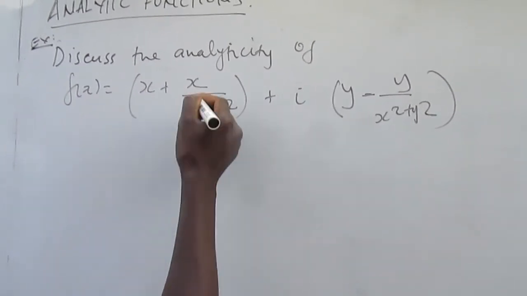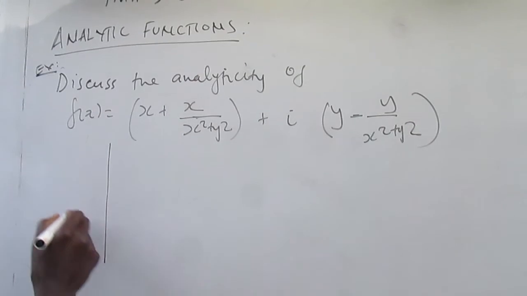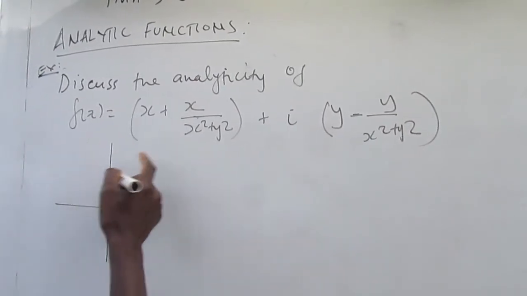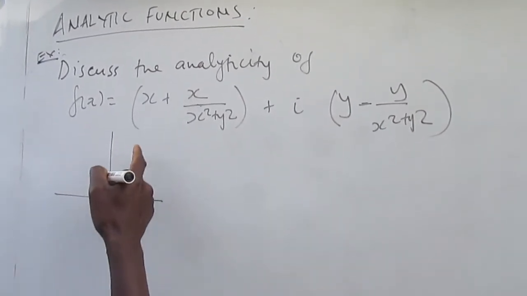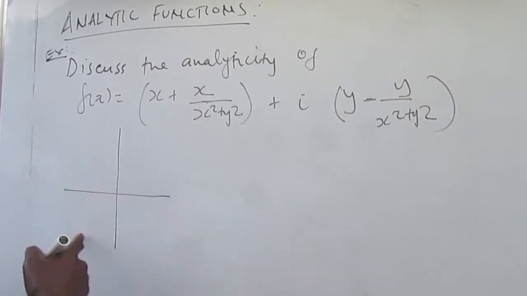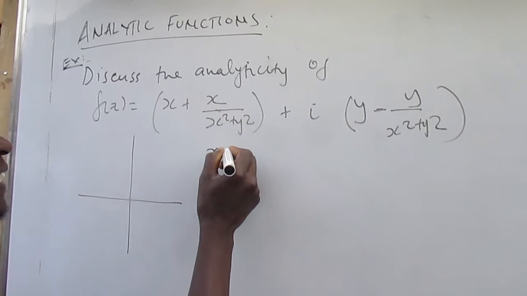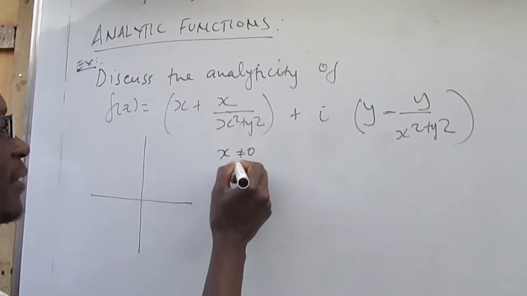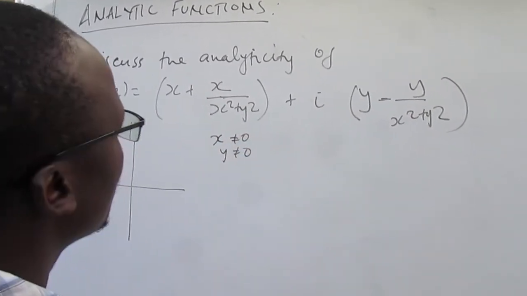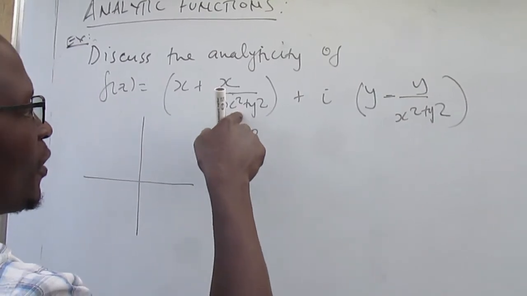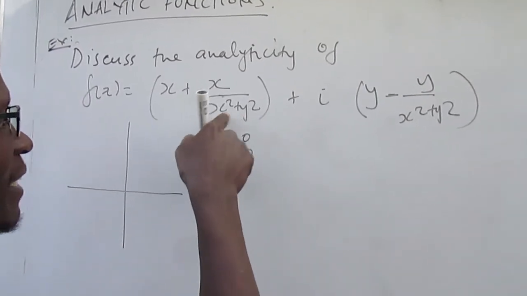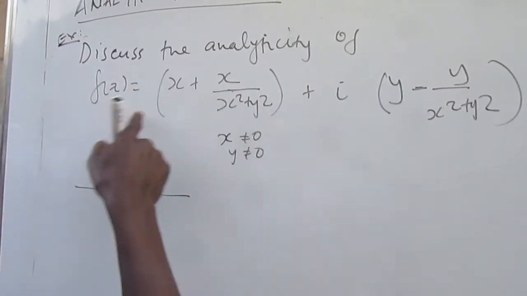So the cases that we could possibly have: we can divide the entire complex plane into these 4 quadrants mod the axes. So we can think of the case where x is not equal to 0 and y is not equal to 0. Because you know that something will definitely go wrong when x is 0 and y is 0. When x is 0 and y is 0, this function is not defined.